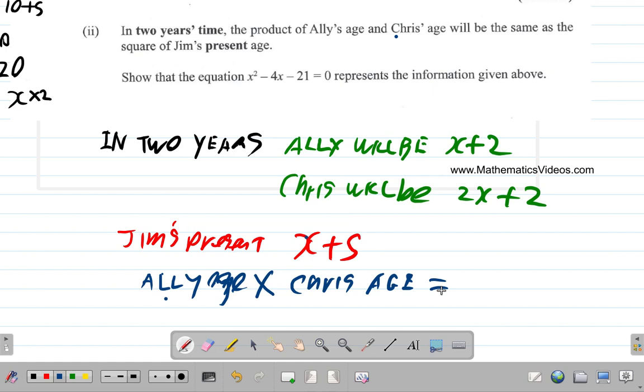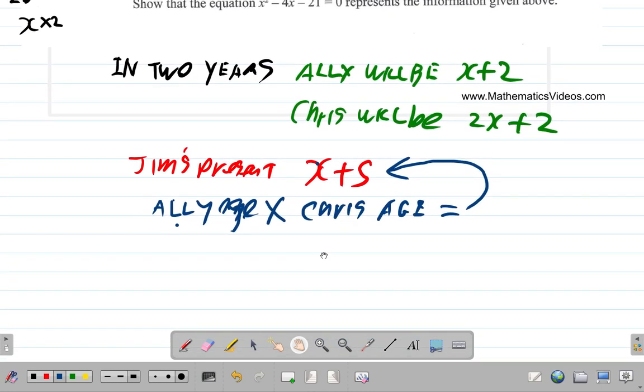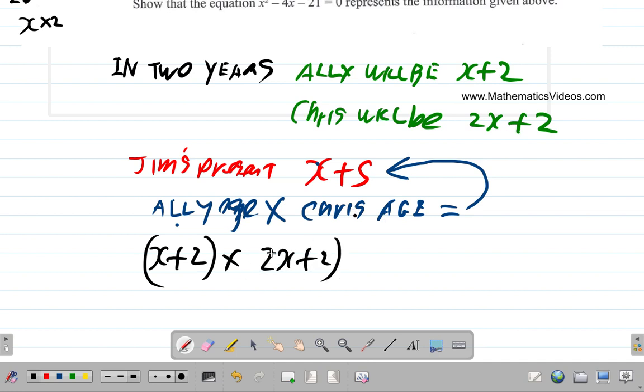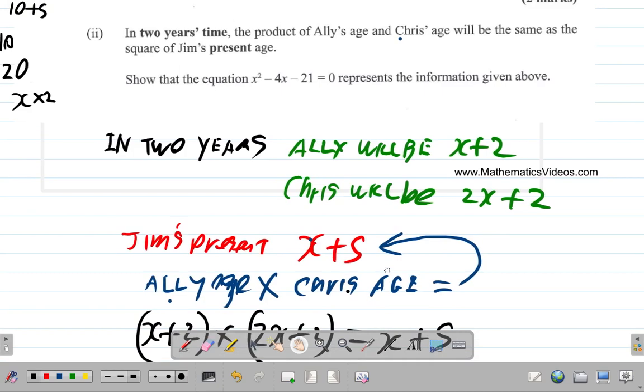So, the product of Ali's age and Chris' age will be the same as equal to what? Jim's present age is going to be equal to this. So Ali's age in 2 years' time is going to be X plus 2. So you have X plus 2, put in a bracket, multiplied by Chris' age. Chris' age is going to be 2x plus 2. And that is going to be equal to Jim's present age, X plus 5. So you see. Alright?